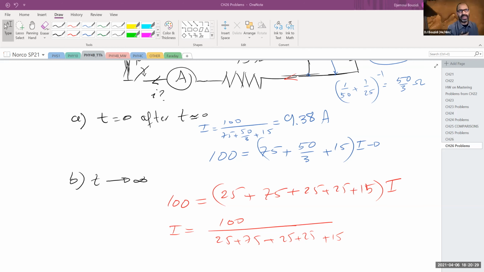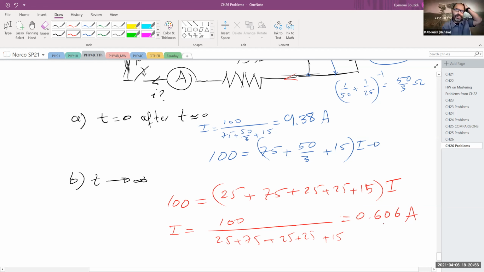Do not try to do mental math because that's how I myself make mistakes. Okay, I know 25 plus 75 is 100, but I don't want to do that because I might make a mistake. And that's how I recommend things like this to be done. So it's 0.6060606. So the value is 0.606 amps, basically, repeating 0606 after that.